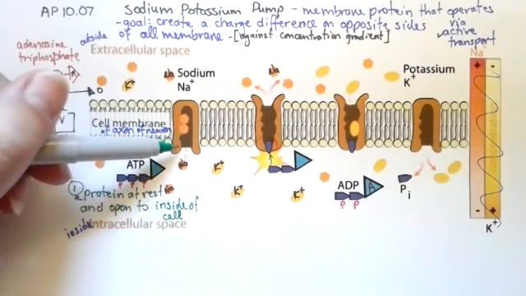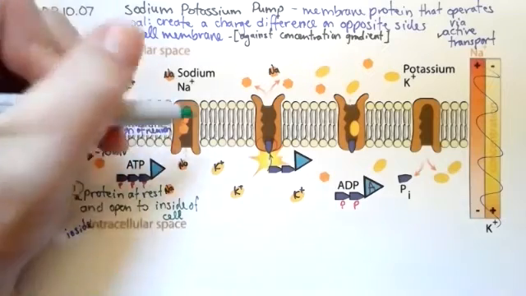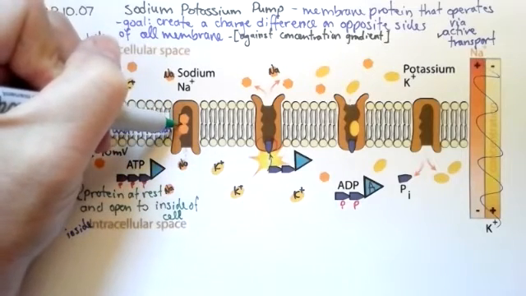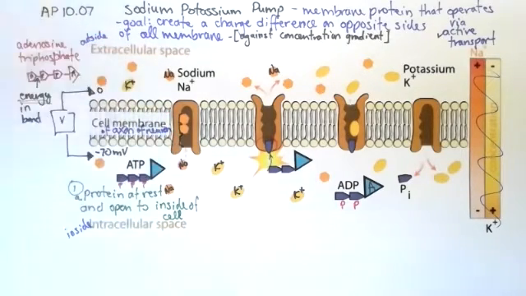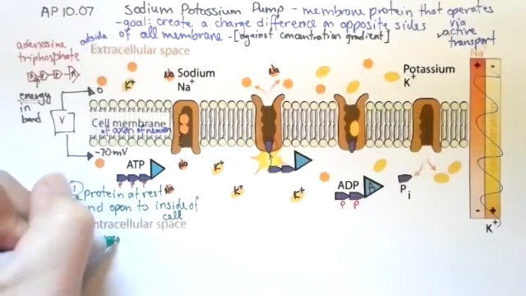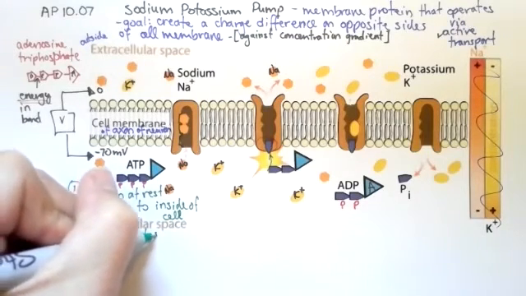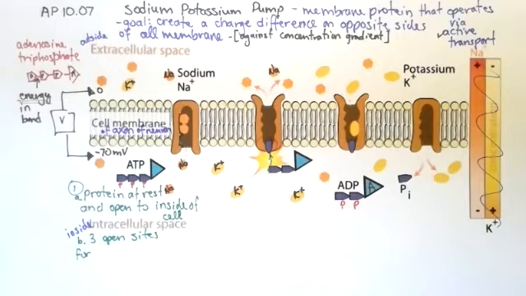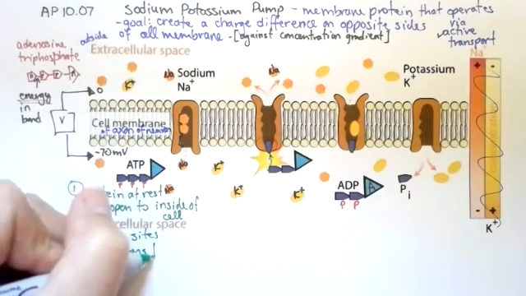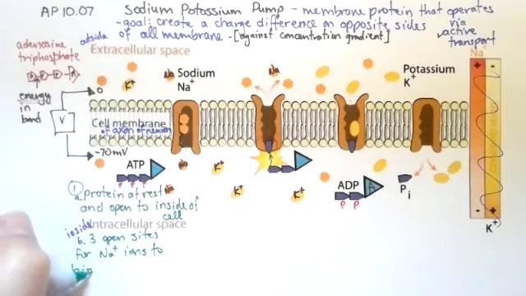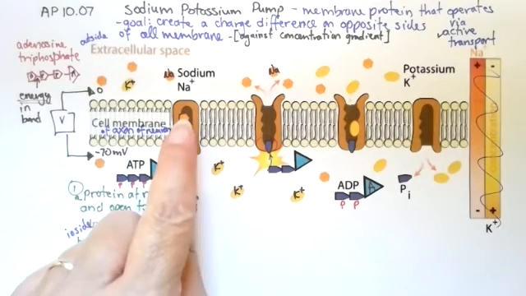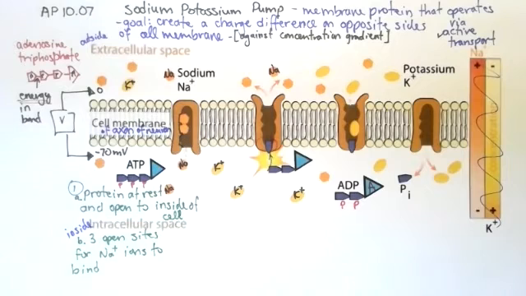So this guy's sitting here and it's open, and it has 3 sites that can bind, 3 open sites for sodium ions to bind. So this third one's empty. We have 1 bound, 2 bound, the third one's bound. This is outside the cell, this is inside the cell.